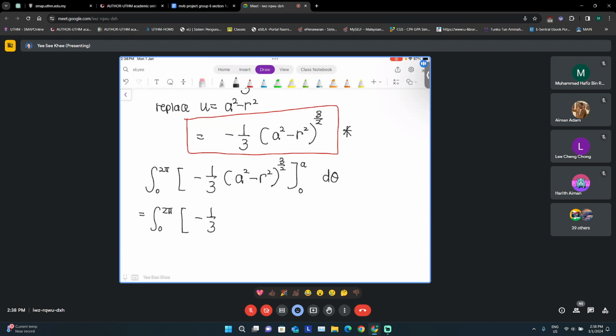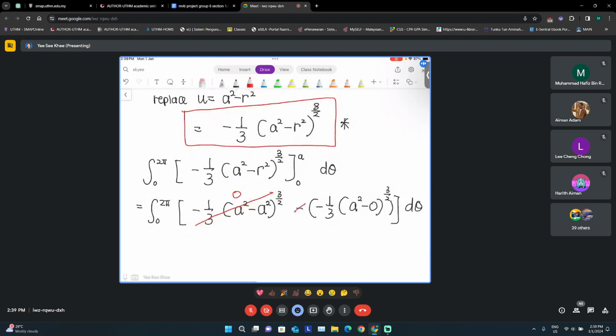Negative 1 over 3 a square minus, if it is a, you get this, minus 1 over 3 a square minus 0. So this one gives you 0. This one could be cancelled out as positive.